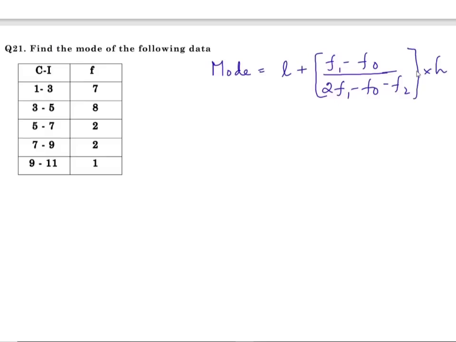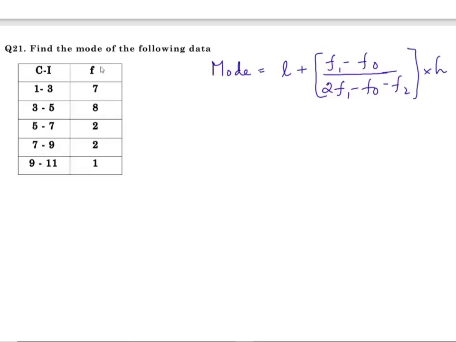Mode equals L plus bracket, open the bracket, F1 minus F0 divided by 2F1 minus F0 minus F2 into H. Now students, most of the concept problems, important problems will be solved today and tomorrow. Day after tomorrow we'll do chapter wise quick revision with analyzing the model paper.